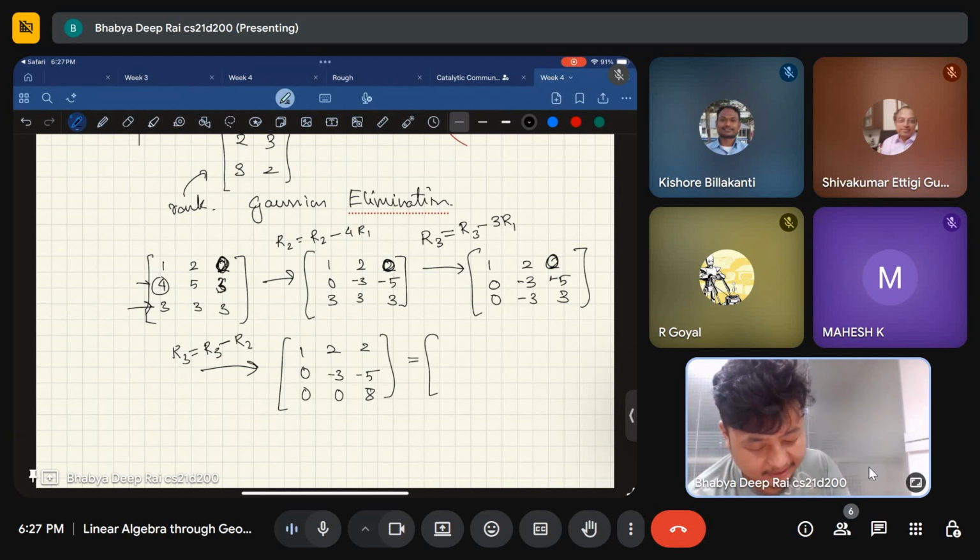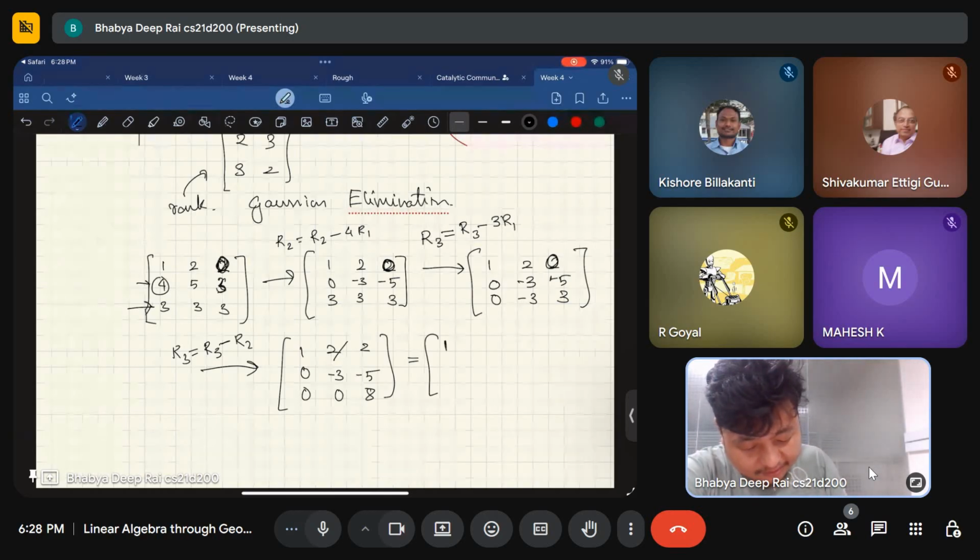Okay, let's still try. So I want to remove something from here. So I need to do something like, oh, it'll go ugly now because I'll multiply by minus 1 by 3 here, and then go minus 1 by 3. Okay.